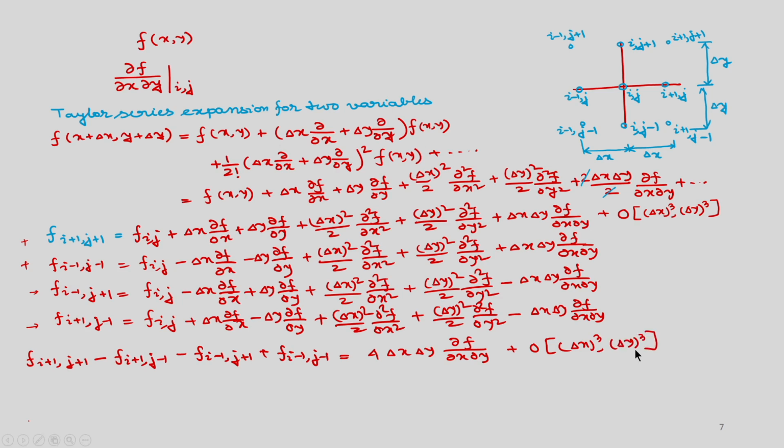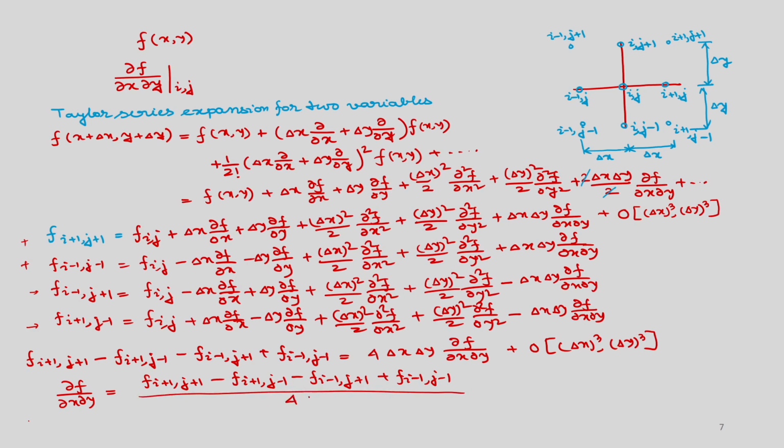So, now if you want to find the mixed derivative, you can write ∂²f/∂x∂y as f(i+1, j+1) minus f(i+1, j-1) minus f(i-1, j+1) plus f(i-1, j-1), divided by 4 Δx Δy.